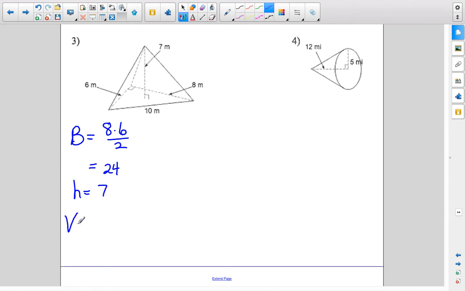So when I go to do the volume, because it's a pyramid, 1/3 capital B times my height of the pyramid, perpendicular height. So 1/3 of 24 is 8 times 7 is 56 meters cubed. Again, this one is a triangular pyramid, so our base is the area of the triangle.